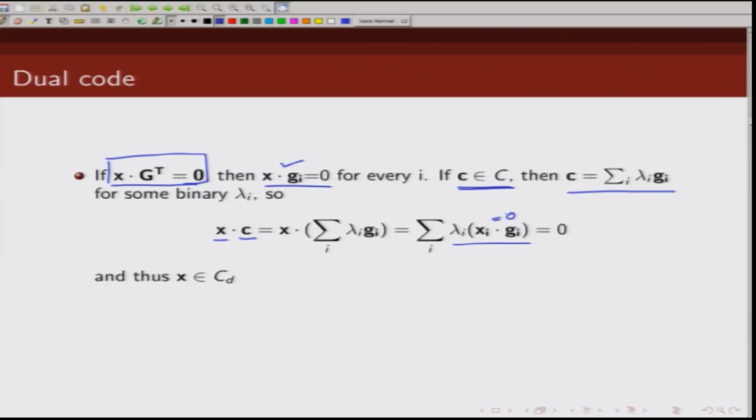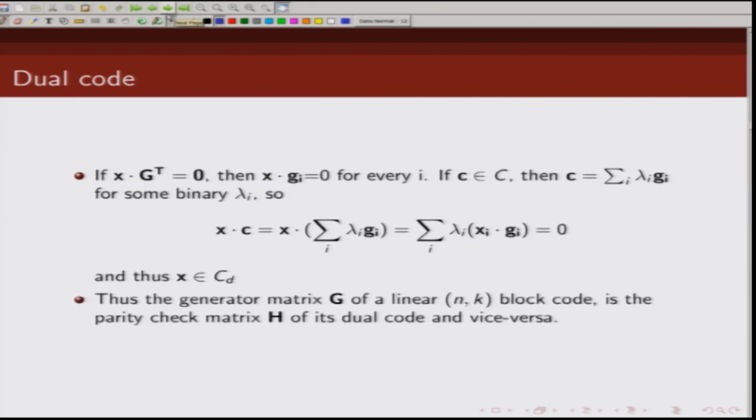That means X and c are orthogonal to each other. So, if c belongs to the original code, this capital C, then X must belong to the dual code of this code C. So, hence we have shown that X belongs to the dual code of C.